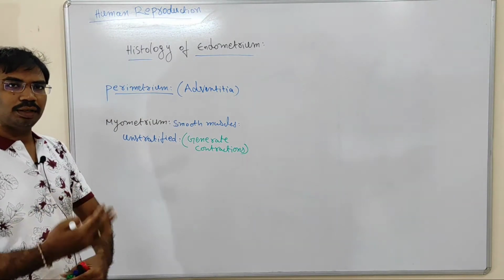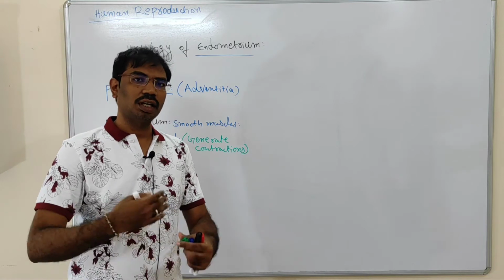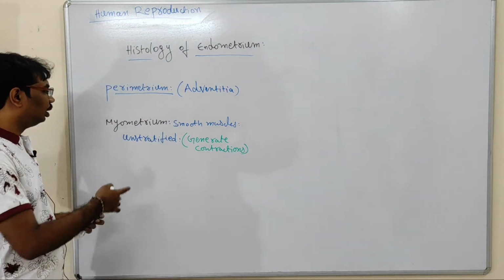During the baby delivery, the uterus produces contractions, and those contractions are because of the myometrium.